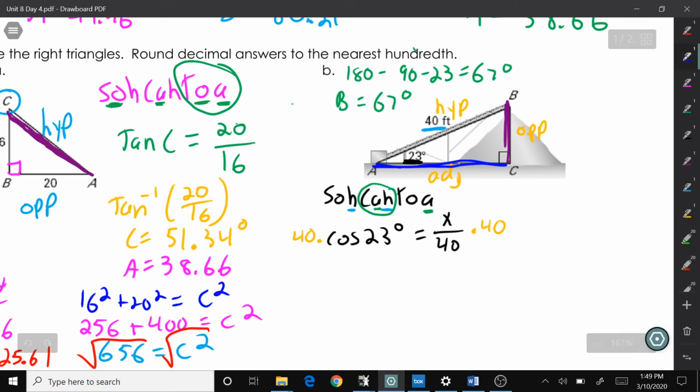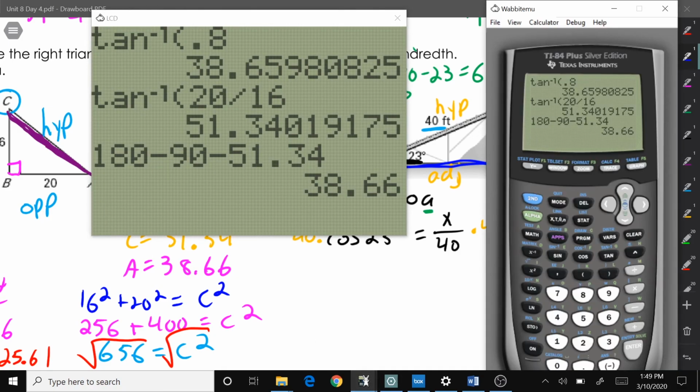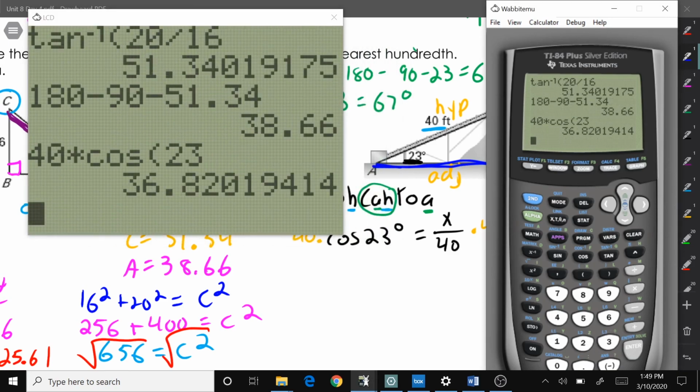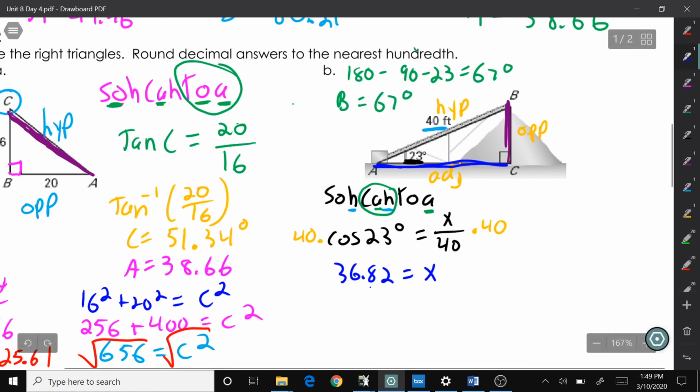And then in the calculator, I'm typing in 40 times the cosine of 23, and I get 36.82. 36.82 is equal to x. All right, that means AC is equal to 36.82.